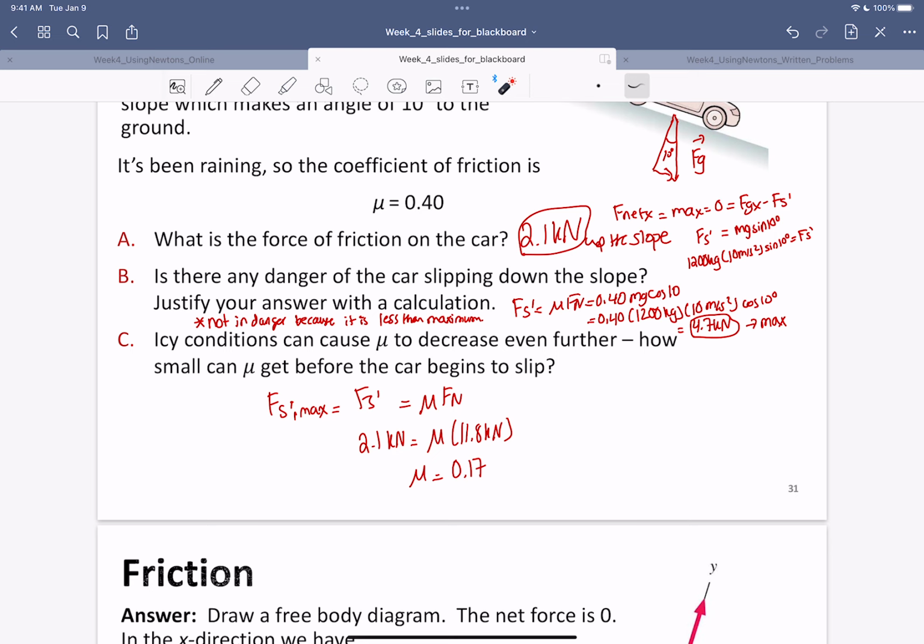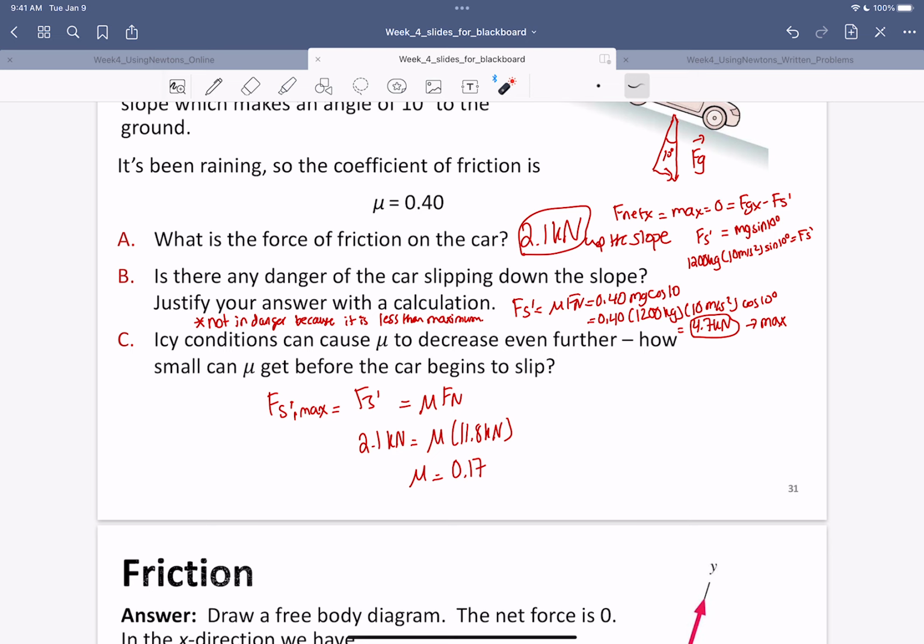Did I calculate this wrong? Icy conditions could cause mu to decrease even further. How small can mu get before the car starts to slip? Oh, no. I see now.